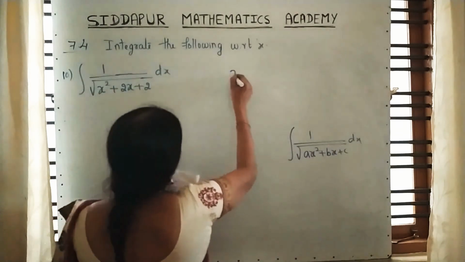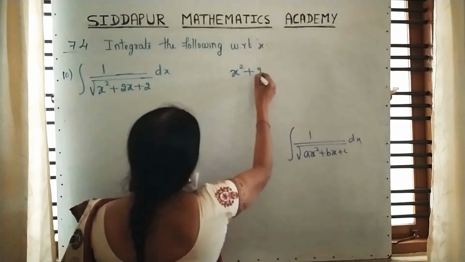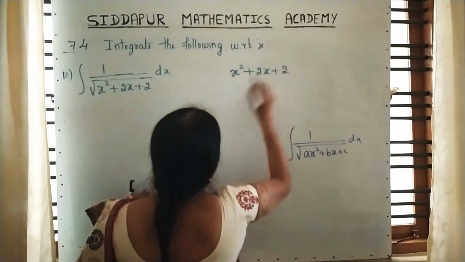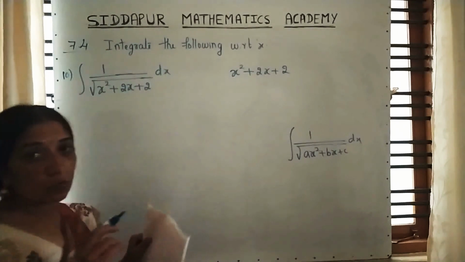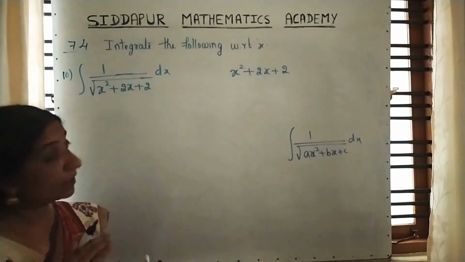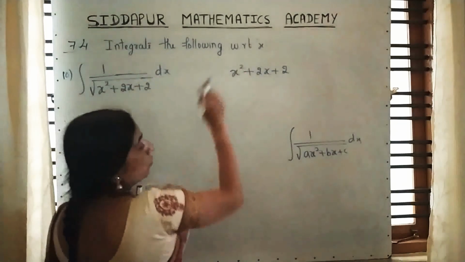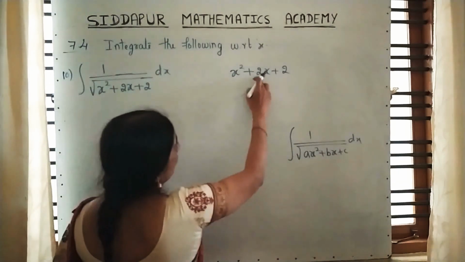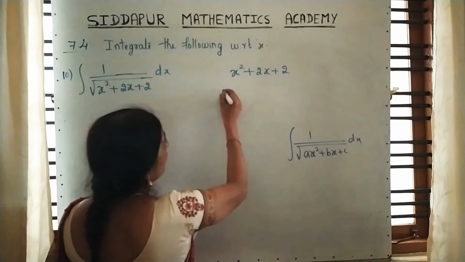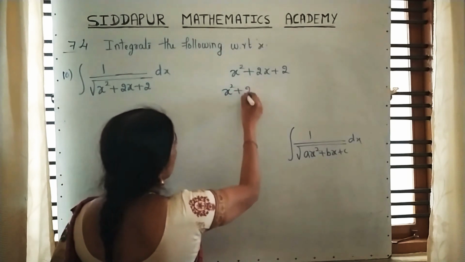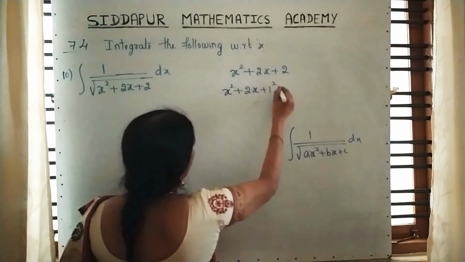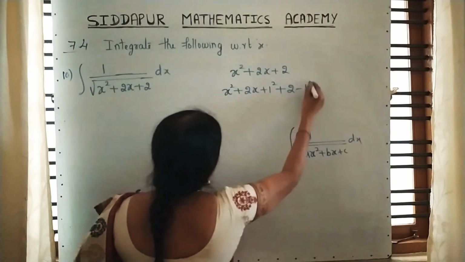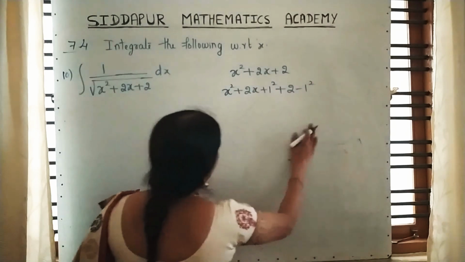So write on the side x square plus 2x plus 2. x square coefficient is 1, first step is completed. Now x coefficient is 2. Half of that is 1. x square plus 2x plus 1 square plus 2 minus 1 square.